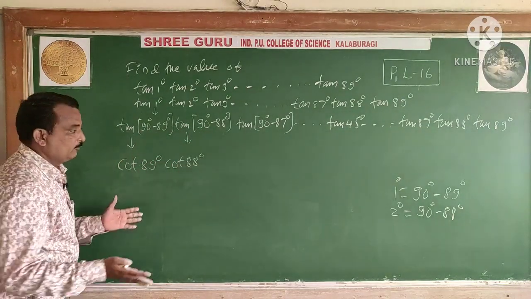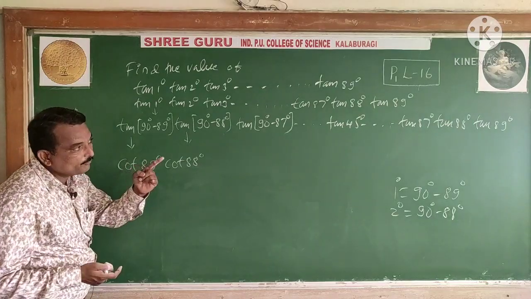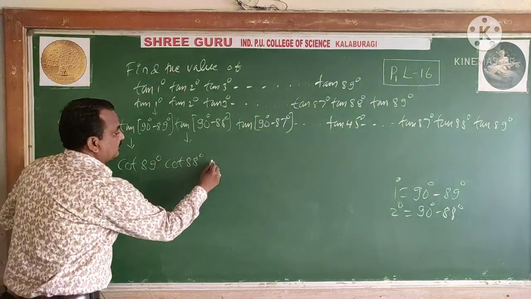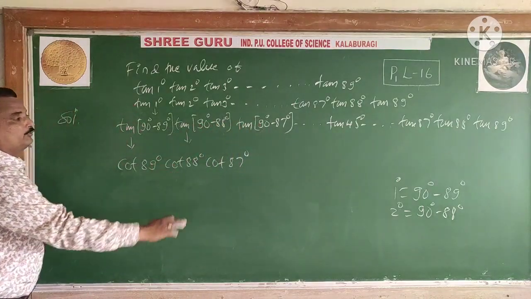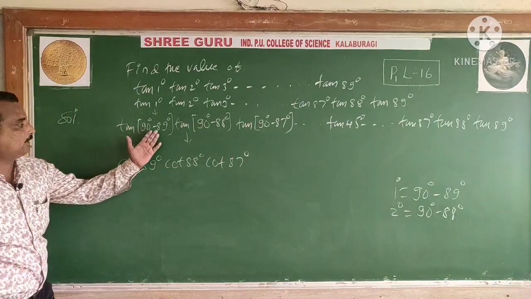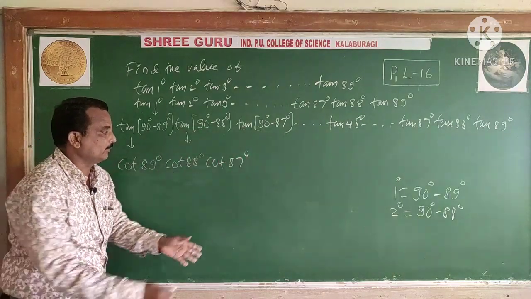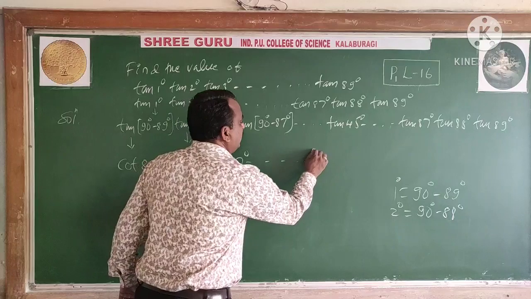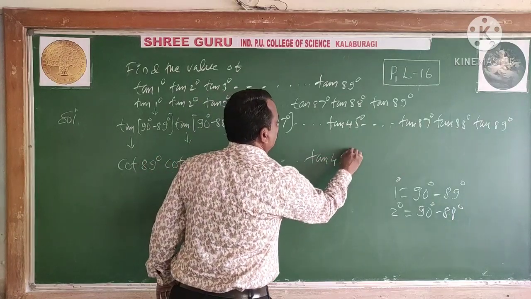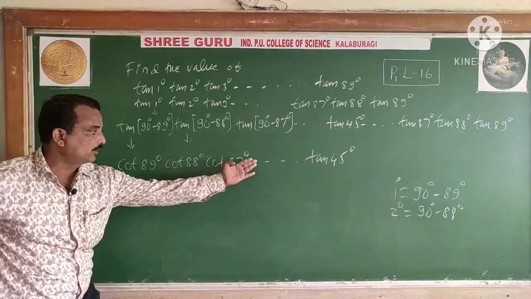Like that making 44 pairs, then 45 one. So that one, let us see. This is cot 87, all positive because of first quadrant. 89, 88 and 87. Similarly, next what do we have? 86, 85, like that we have. Tan 45 as it is, up to 44 converting.